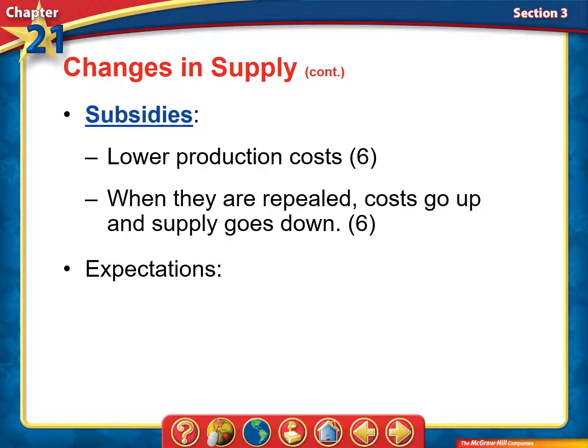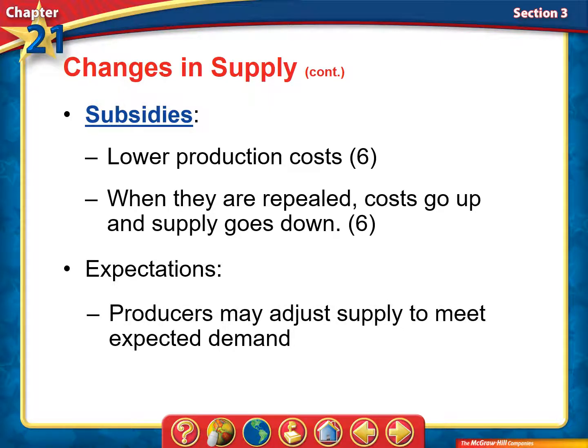So what is the expectation? Well, producers may adjust supply to meet expected demand. You know, the Wii U was a failure business-wise. It just was. Why?